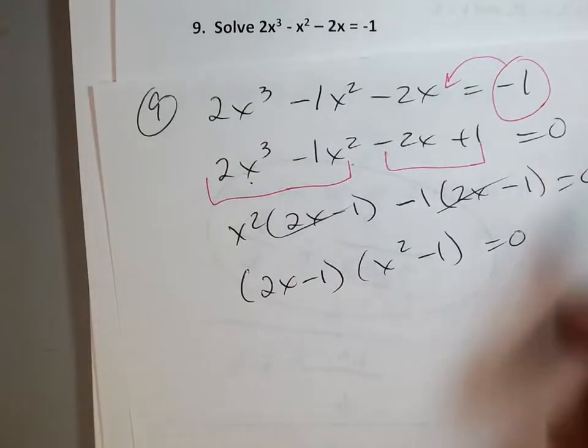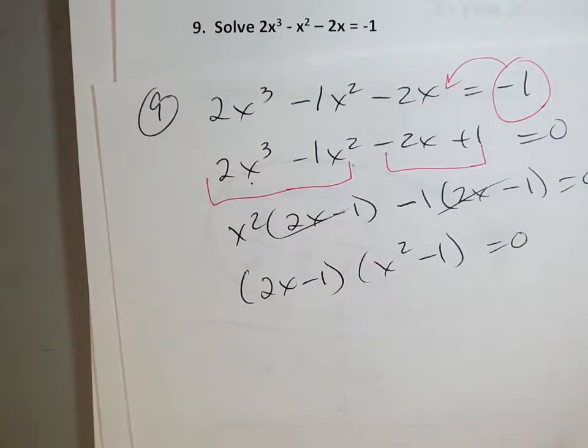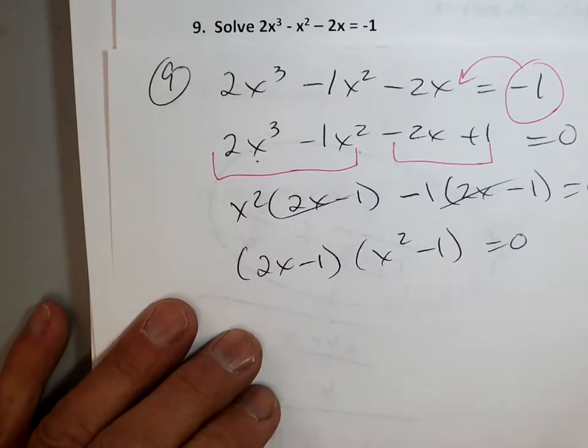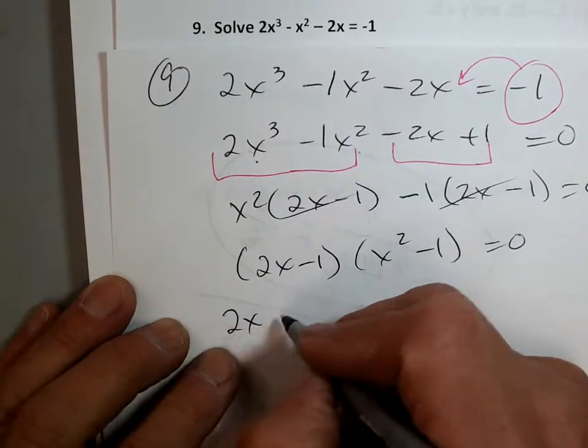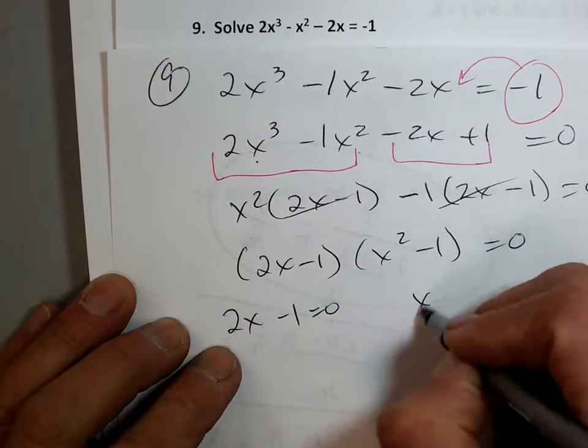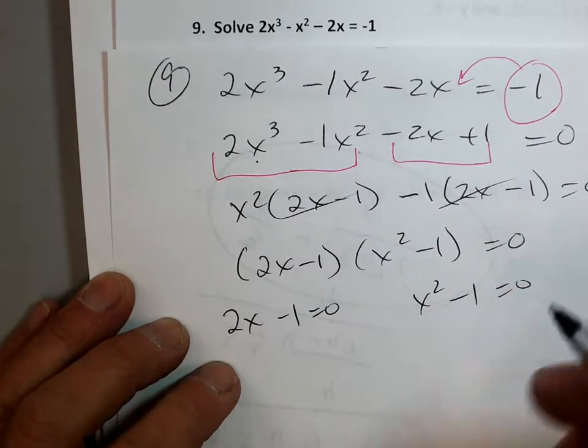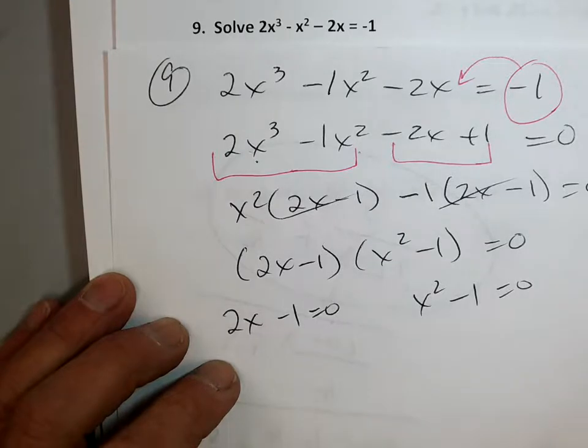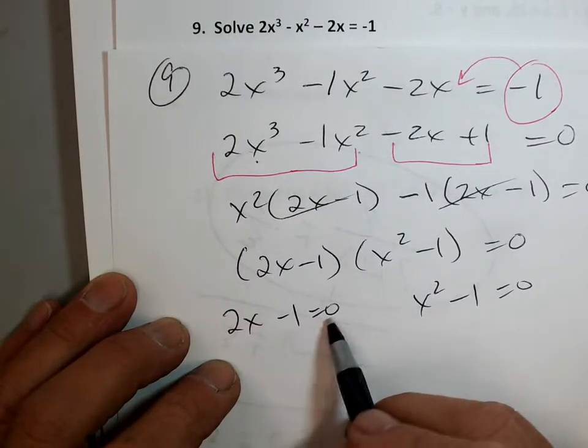How am I doing? Now it's just mini equations. It gets pretty easy, doesn't it? So into my mini equations, we'll have 2x minus 1 equals 0, and x squared minus 1 equals 0, right? We're going to solve. Plus 1 divided by 2.